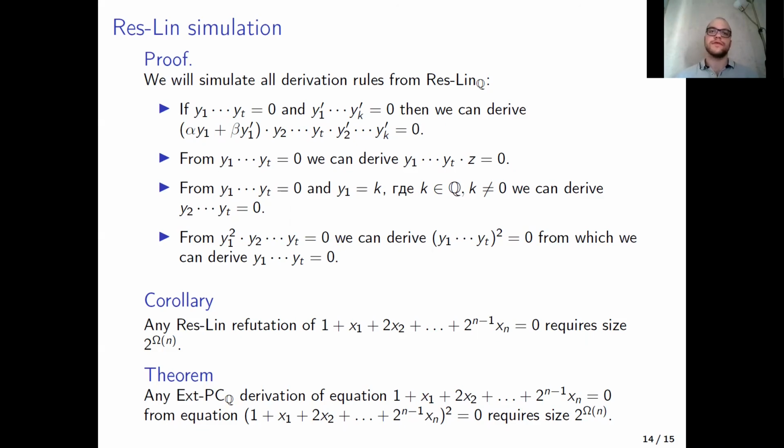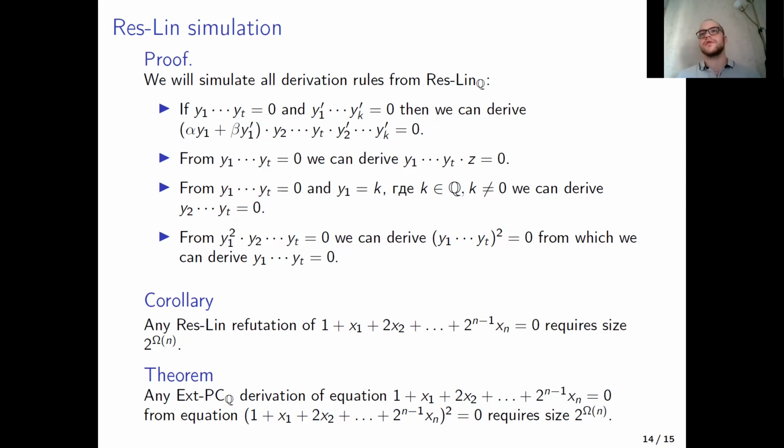In order to prove this, we should just do the same things that we did when proving the exponential lower bounds on the size of extended polynomial calculus refutation, but we just need to prove lower bound over integers and to focus on the constant which should be multiplied by binary value principle in the end of our derivation.